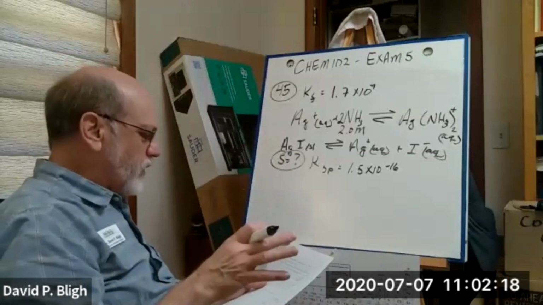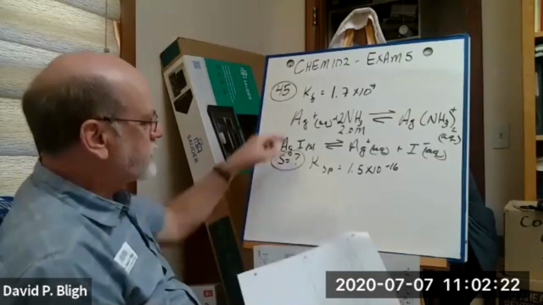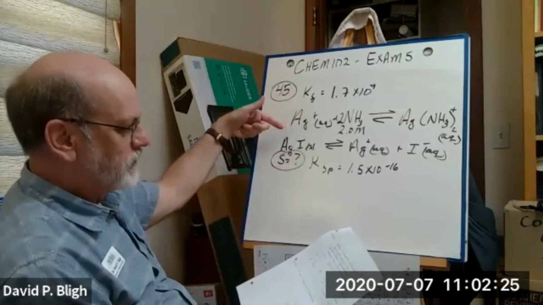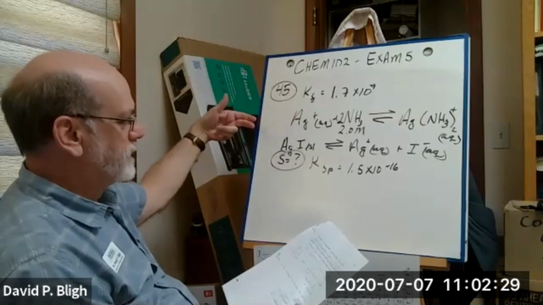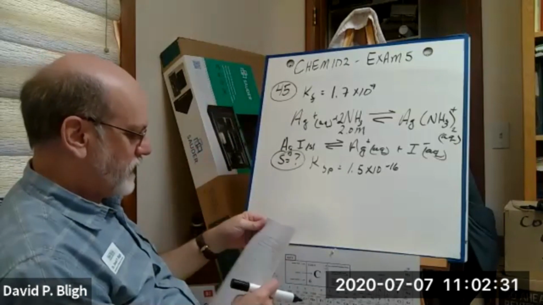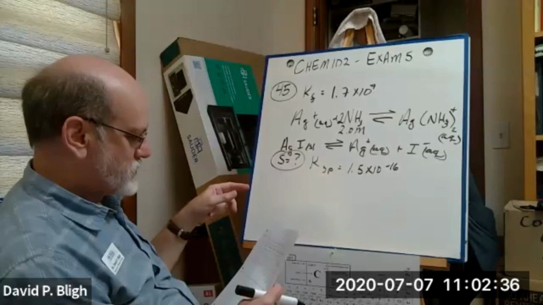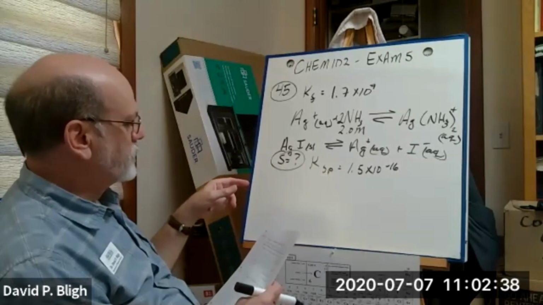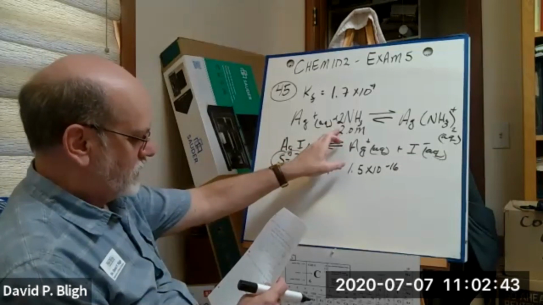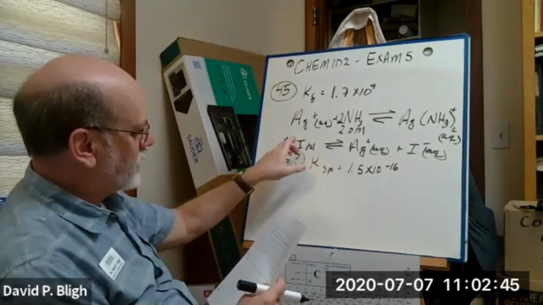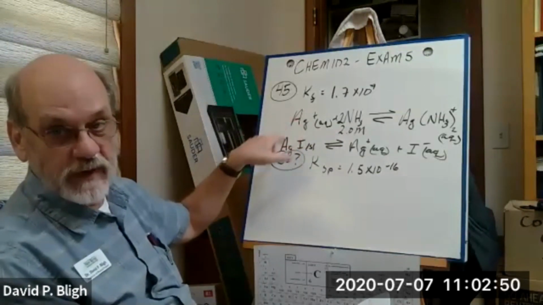The simplest way to approach this is to derive, since these reactions are coupled, an equation where we get ammonia combining with silver iodide, because silver iodide, S for this, is going to be our solution.